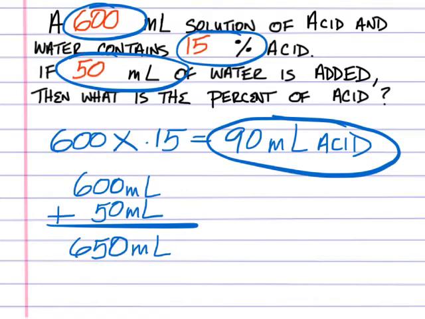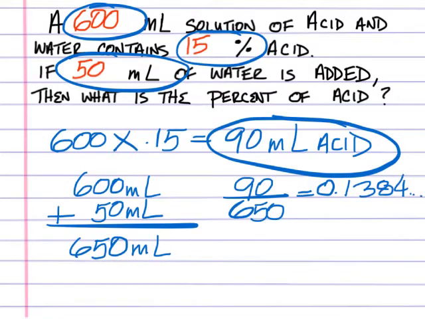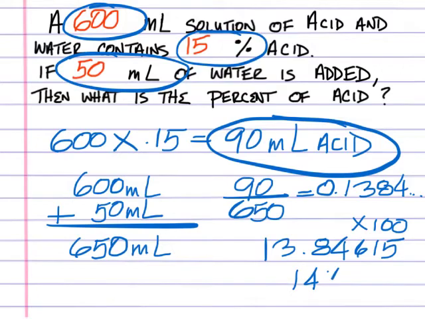So we're going to have to divide 90 by 650. 90 divided by 650 is 0.1384 and on out, but you must multiply that by 100 in order to convert to a percent. Round it to the nearest percent. It comes out to be 13.84615. Rounded to the nearest percent makes that 14.